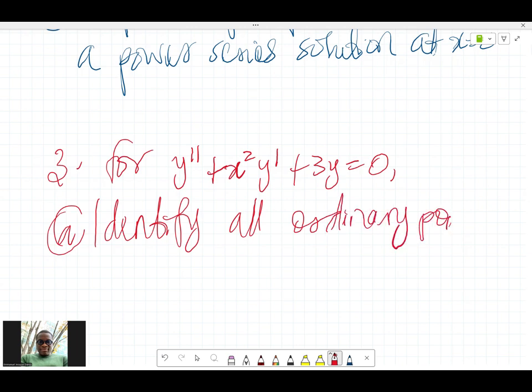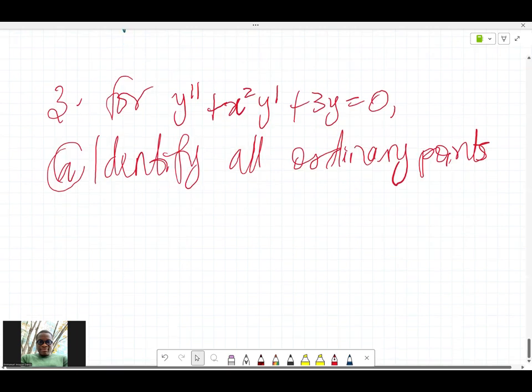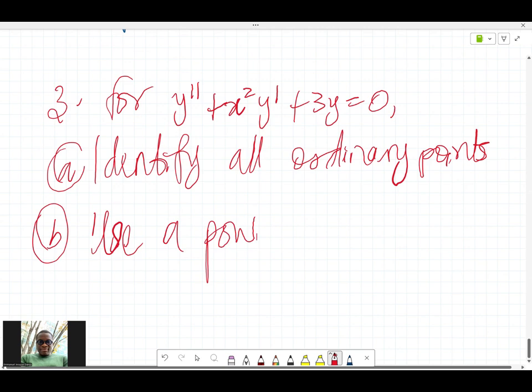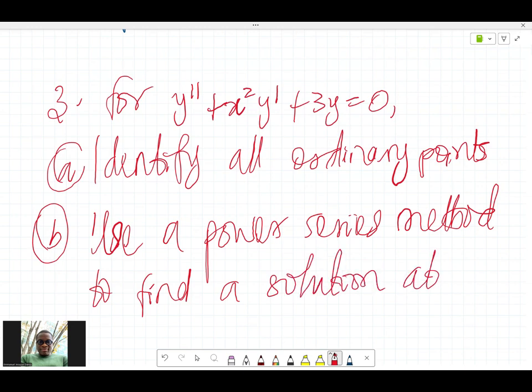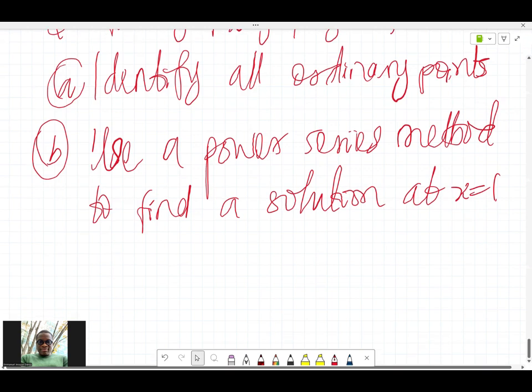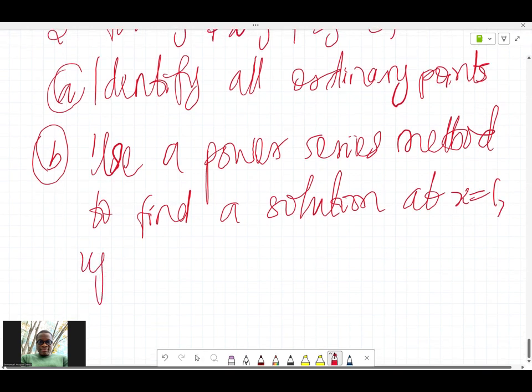D, use a power series method to find a solution at x equals 1 up to x cube terms.